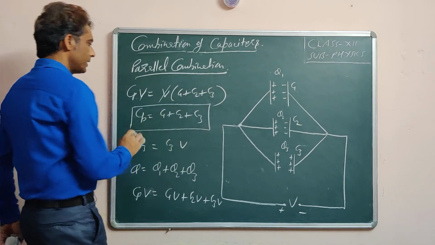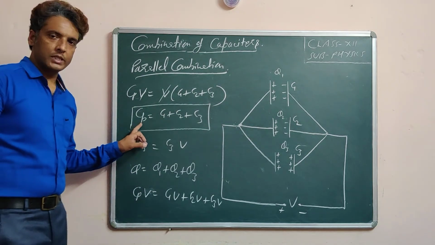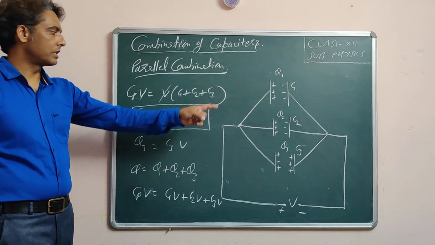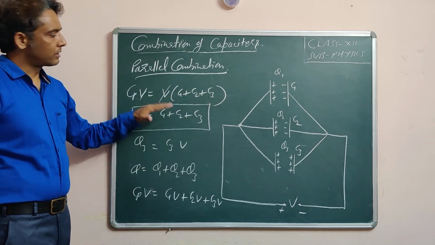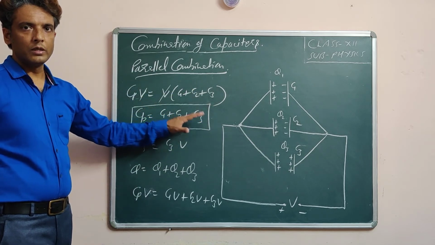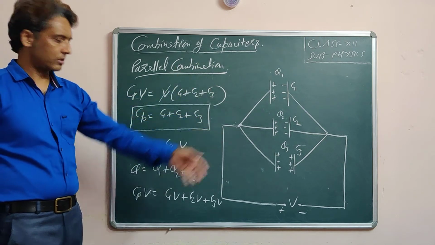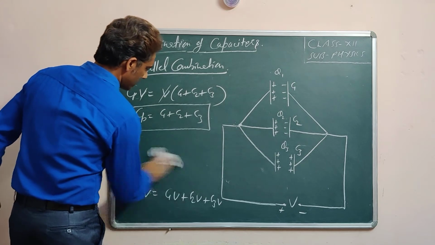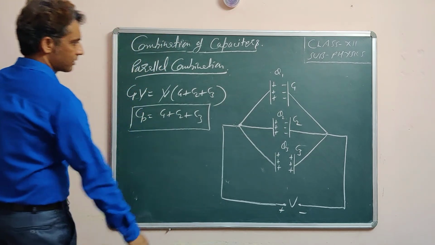So from here we can see that the equivalent capacitance of 3 capacitors of different capacitance is equal to the sum of the individual capacitance of the capacitors. So we can generalize this result for n capacitors.